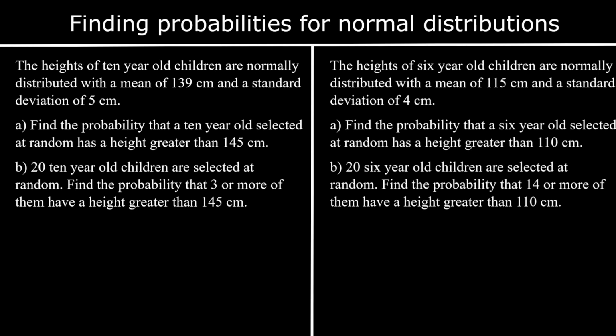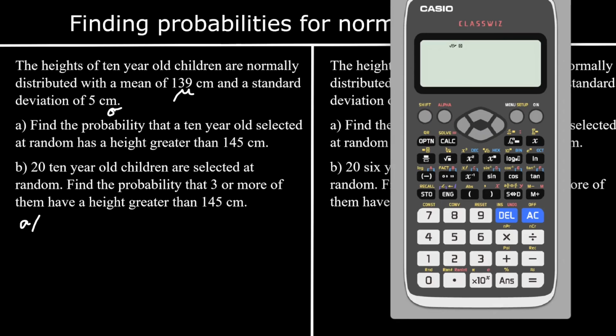Here we have another question. The heights of 10-year-old children are normally distributed with a mean of 139 centimeters and a standard deviation of 5 centimeters. Find the probability that a 10-year-old selected at random has a height greater than 145 centimeters. So it's just a case of typing it into the calculator. So I'm going to distributions, normal cumulative. 145 is the lower.